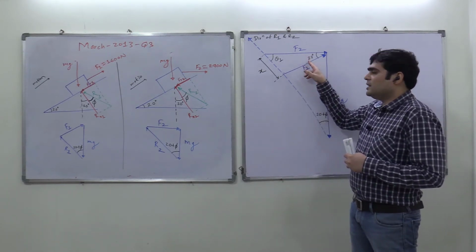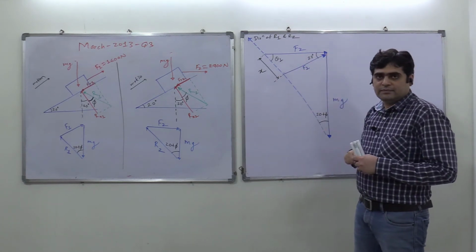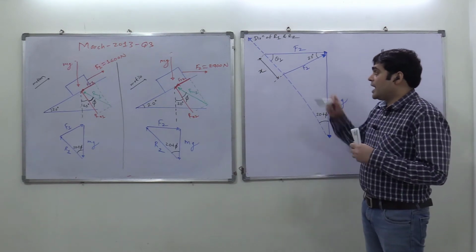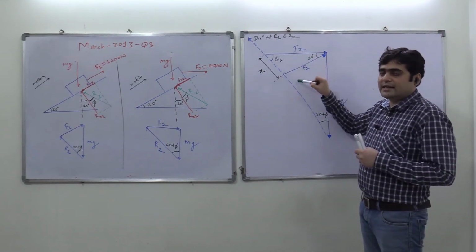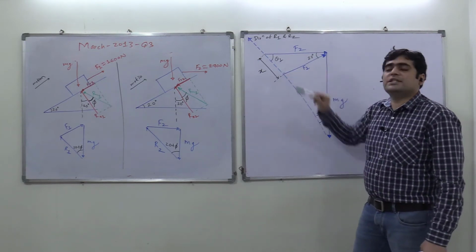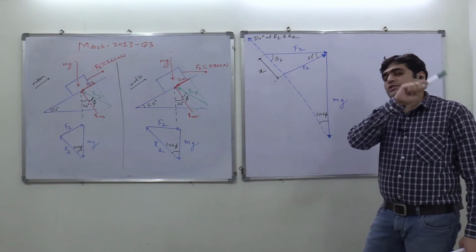When we have two adjacent sides and the angle between them, and we want to find the opposite side, in that scenario we use the cosine rule.